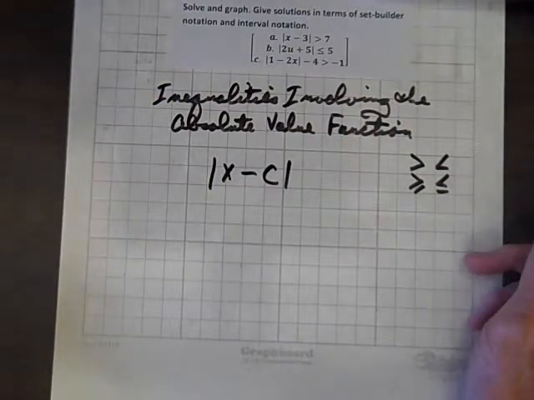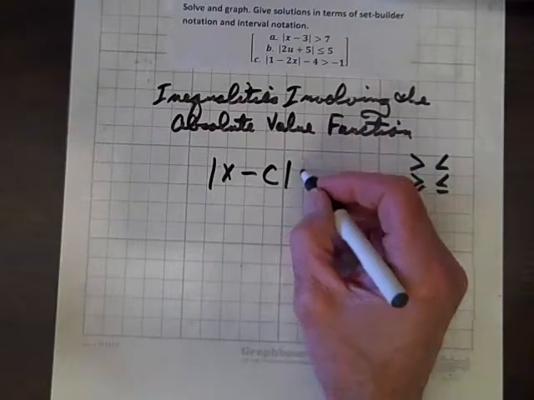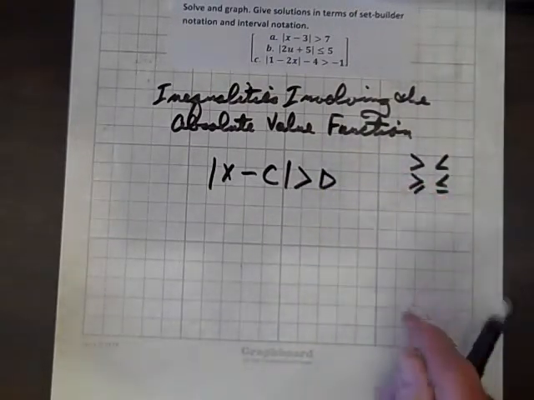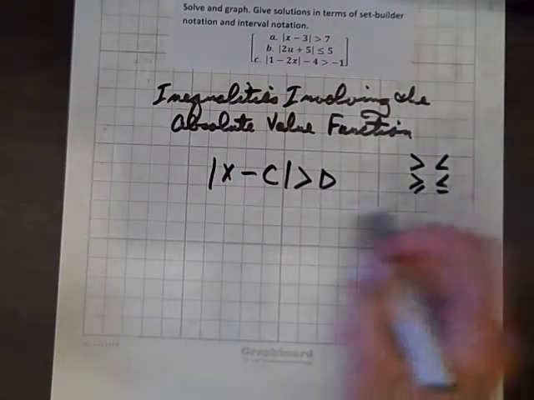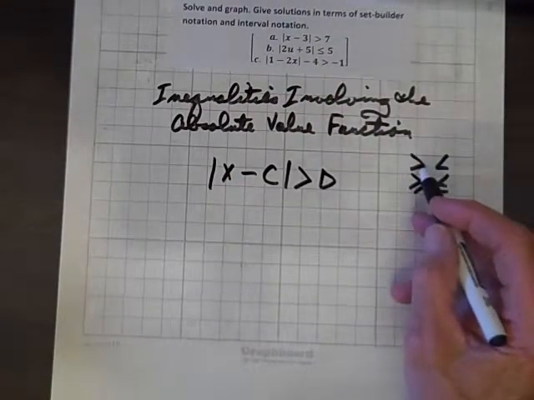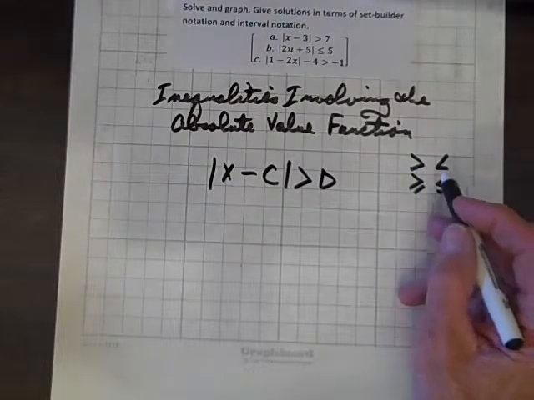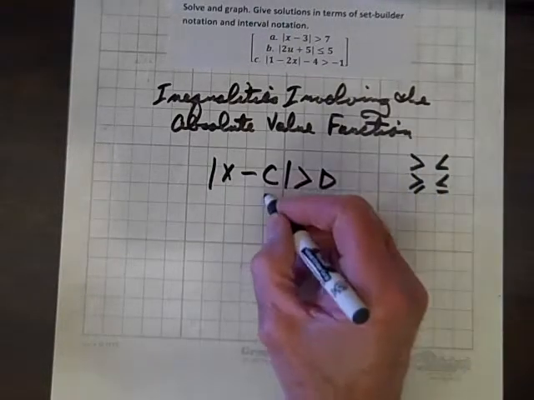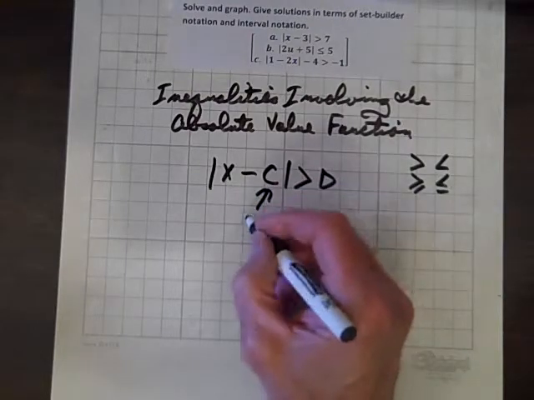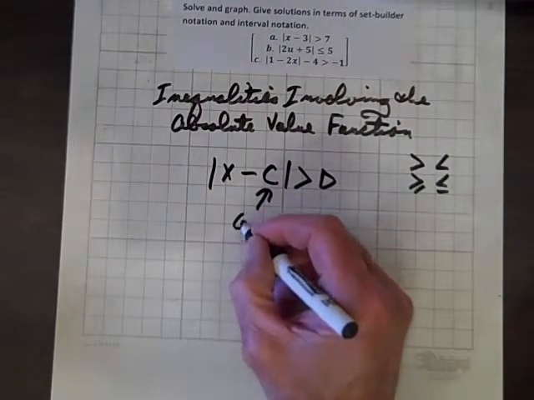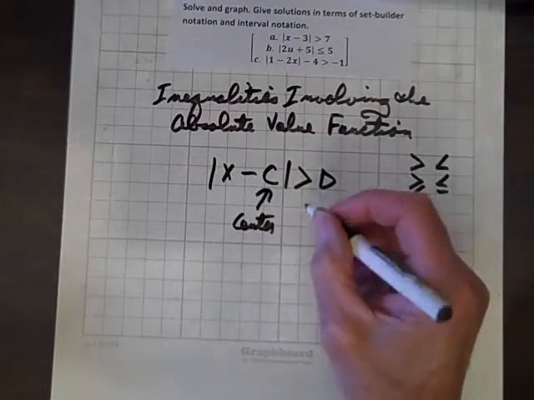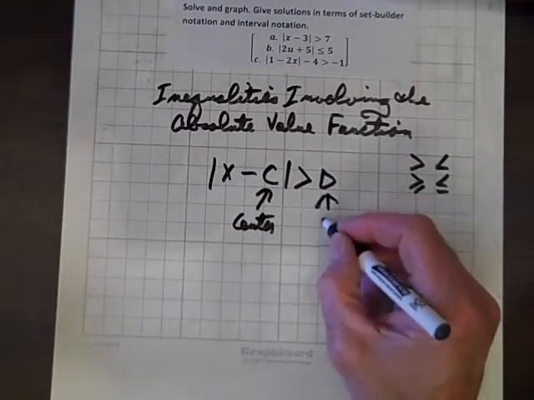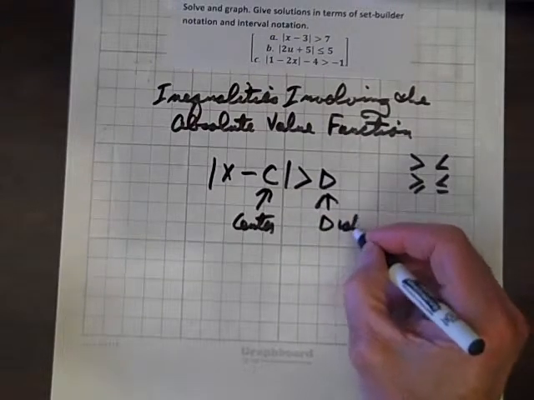And so, in general, in this case, we'll make it greater than D. But the concept applies regardless of whether you're talking about greater than, less than, greater than or equal to, less than or equal to. Now, the C was chosen because it's the first letter of center. And the D was chosen because that's the first letter of distance.